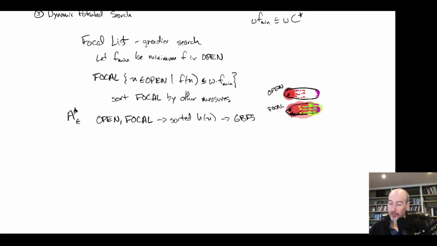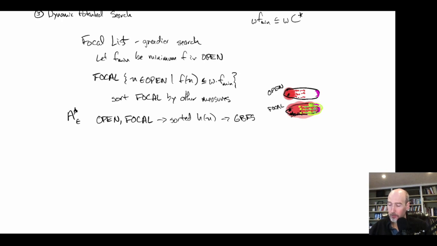And so this is a really good idea in the sense that we want to separate the notion of the focal list, which is trying to guide the search in the direction of finding the goal as quickly as possible, and an open list, which is trying to prove the quality of the solution. So that's really good. But the actual behavior that you get here in many domains, especially domains where I might be finding shorter solutions, means that we might do a lot of iterations going around and around, finding slightly shorter solutions, updating our focal list.